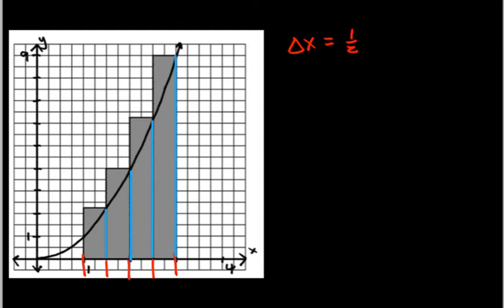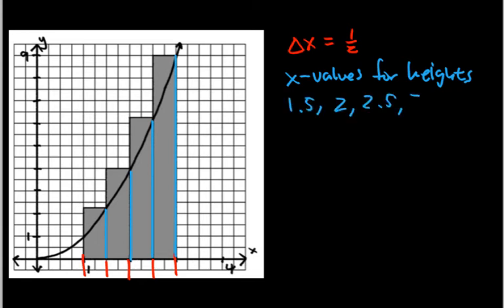So now we have new x values. In this case, the x values are not starting at 1; they are going to start at 1.5, and then 2, then 2.5, then 3. In other words, we start with 1 plus 1 delta x.